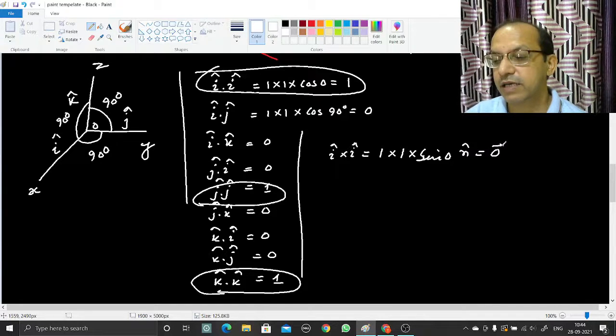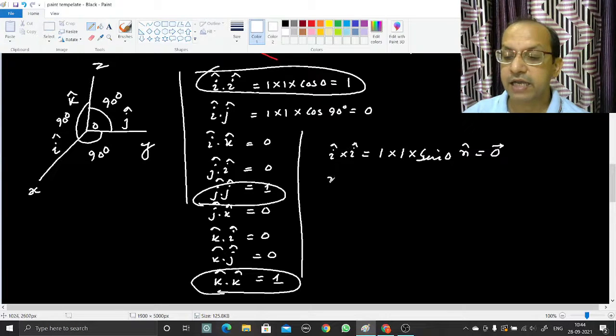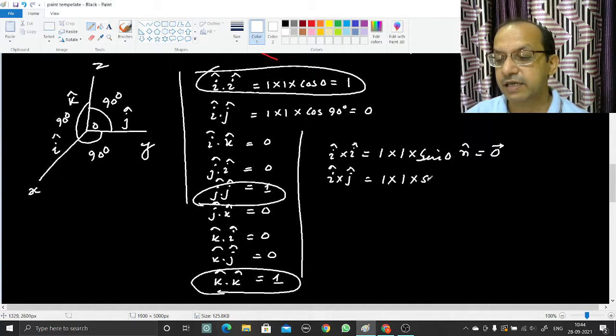You can write it as the 0 vector, because the left hand side is a vector quantity, so the right hand side should also be a vector quantity. So i cross j: magnitude is 1, the angle between i and j is 90 degrees, sine 90, and the direction n cap. So it will be n cap, because sine 90 is 1.